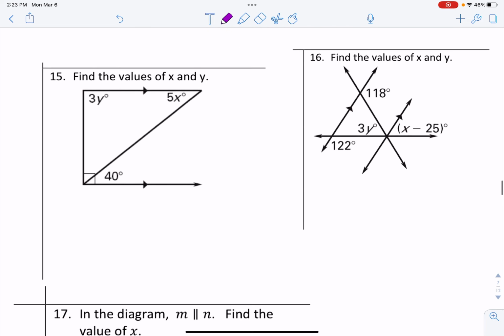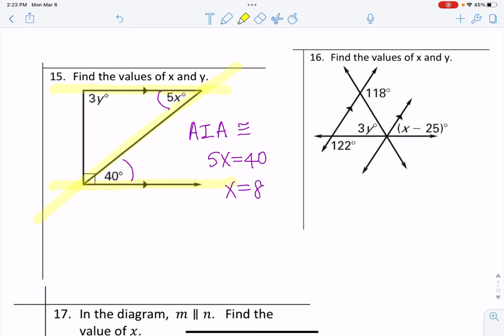And then from here, if you draw a parallel line with a transversal here, then you can conclude this angle and that angle are alternate interior angles. They are congruent. So 5x should be equal to 40. Then you can get x will be 8.